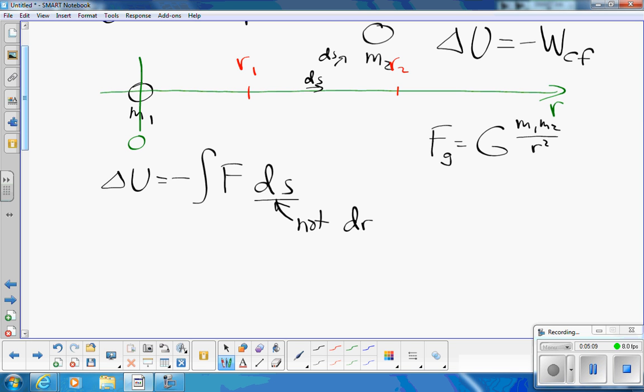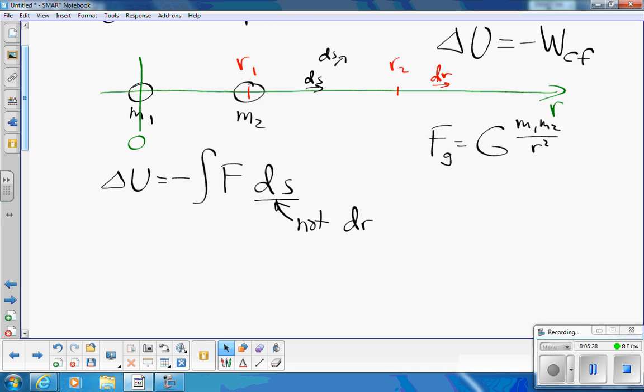So ds is the tiny little vector step that this thing moves from one position to the next. Dr, I want to point out, has a very specific definition. Dr is a little tiny piece of the r-axis. So the dr vector has to point away from the origin, because it's a little tiny step along the r-axis.